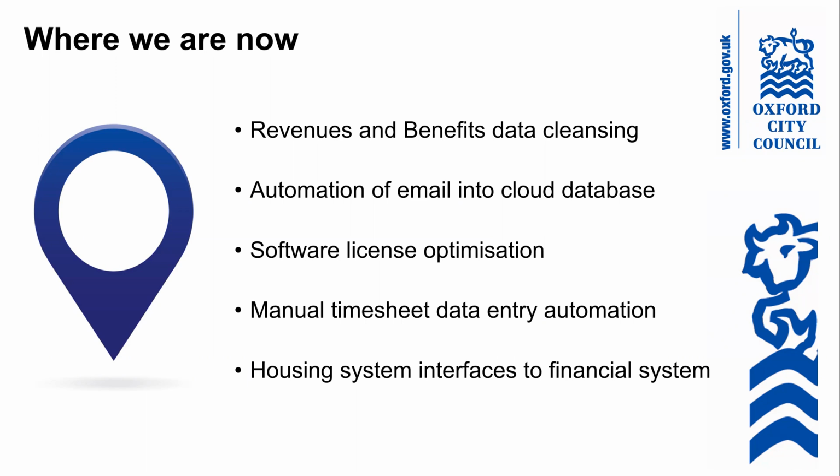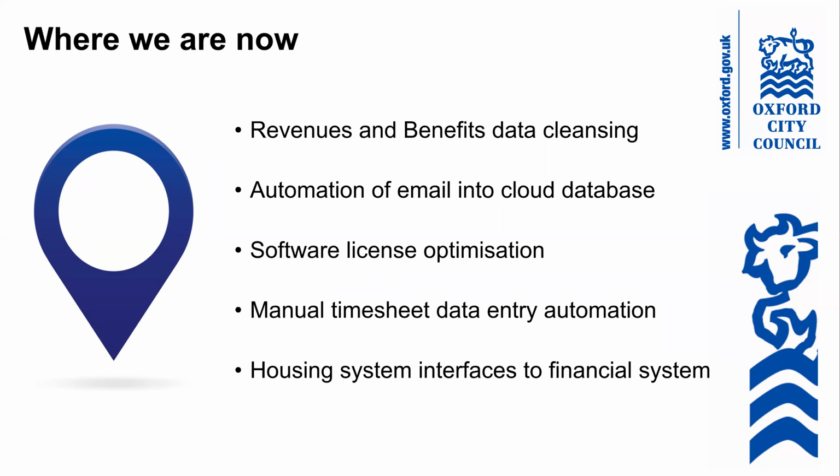Automation of email is another one, which is actually pretty straightforward. I don't know about yourselves, but we have something like 180 online forms. Probably 50% of those don't actually do anything other than generate an email. So they're not integrated into back-end systems.